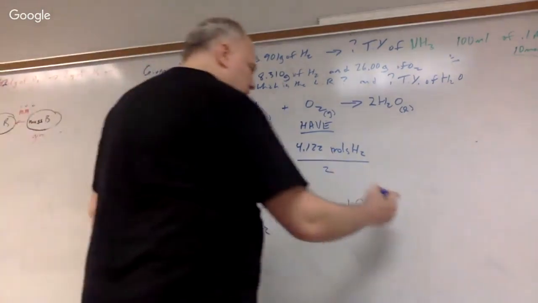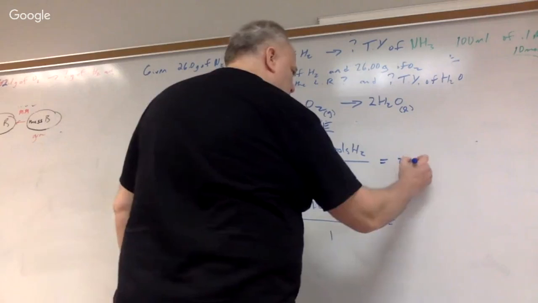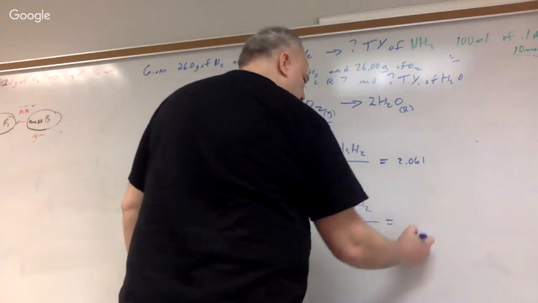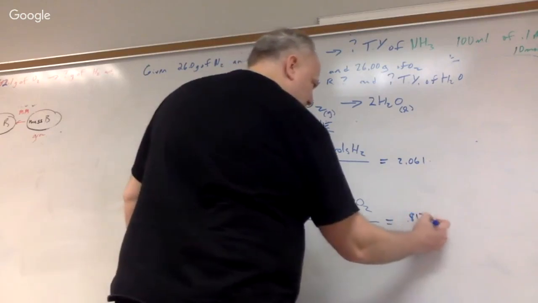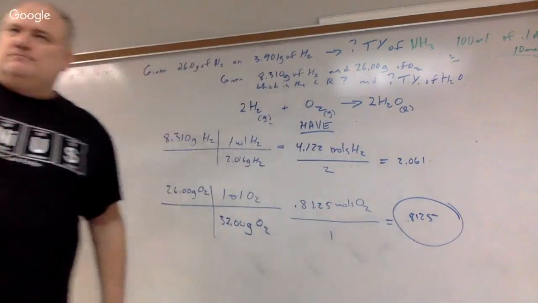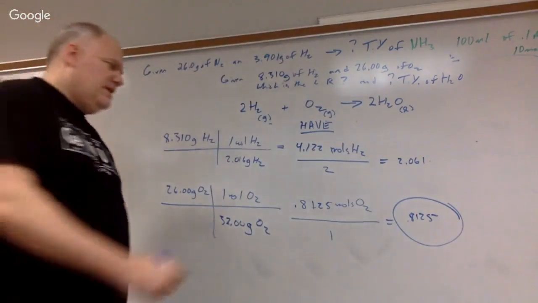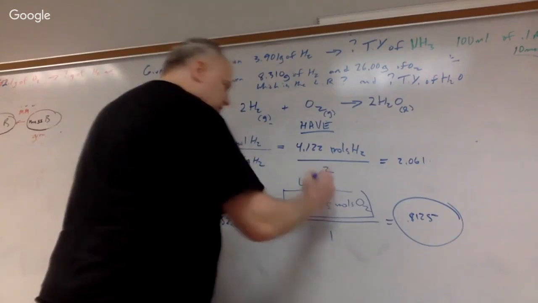And if I did that, what do I end up with for my H2? 2.061. And what do you end up with for moles of O2? 0.8125. Pretty sure that this is smaller, isn't it? What does that mean then? This is my limiting reactant. Yeah?